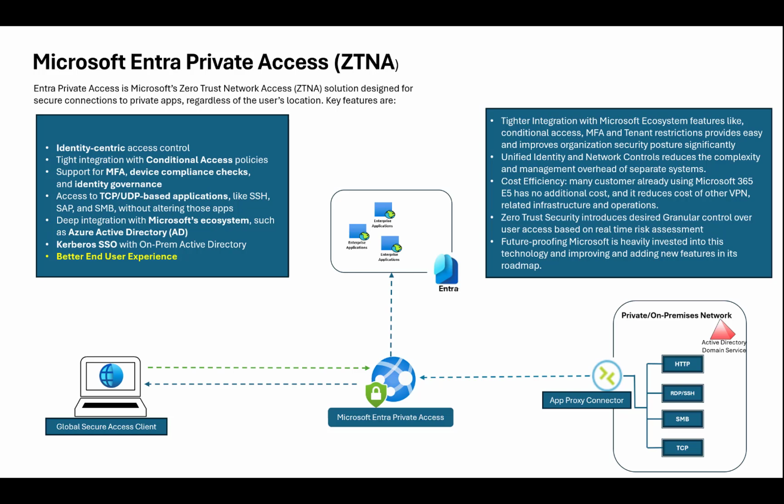Now, because it is identity centric and the identity being used here is from Entra, there is a tight integration with conditional access policy that allows you to support MFA and tons of other controls that conditional access policy brings forward for you to improve the overall security posture of your organization. Governance, auditing, monitoring, compliance, device compliance, a specific location that you allow the traffic from, a set of users that would have application access, right?